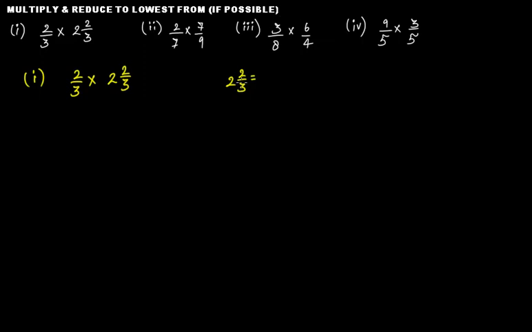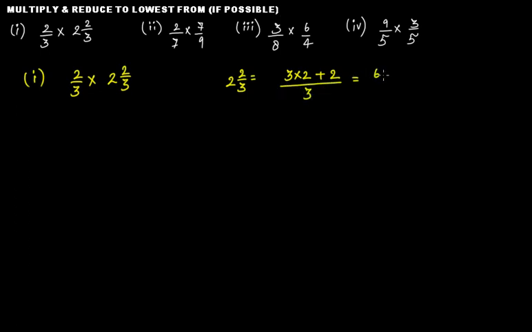in order to simplify this mixed fraction, you'll write it, this is 3 and 3 times 2, right? And you have to write this mixed fraction in the form of an improper fraction. So 3 times 2 plus this 2 and divided by this 3.